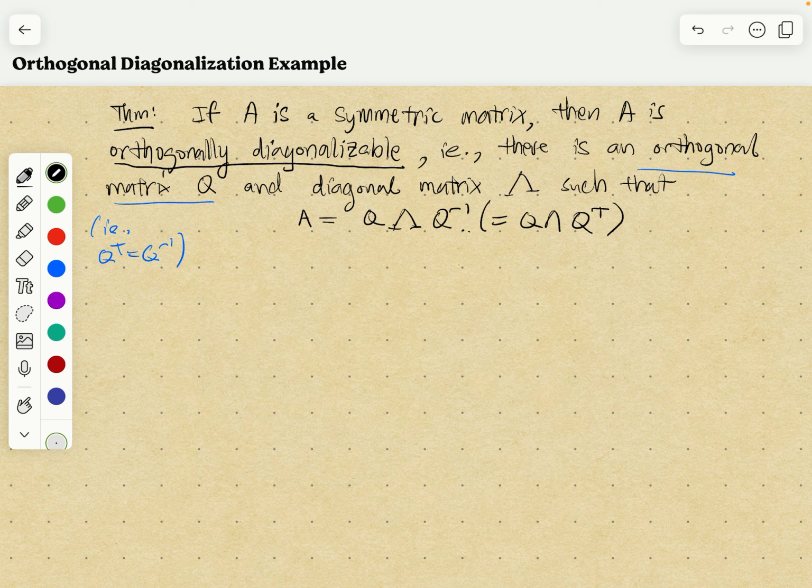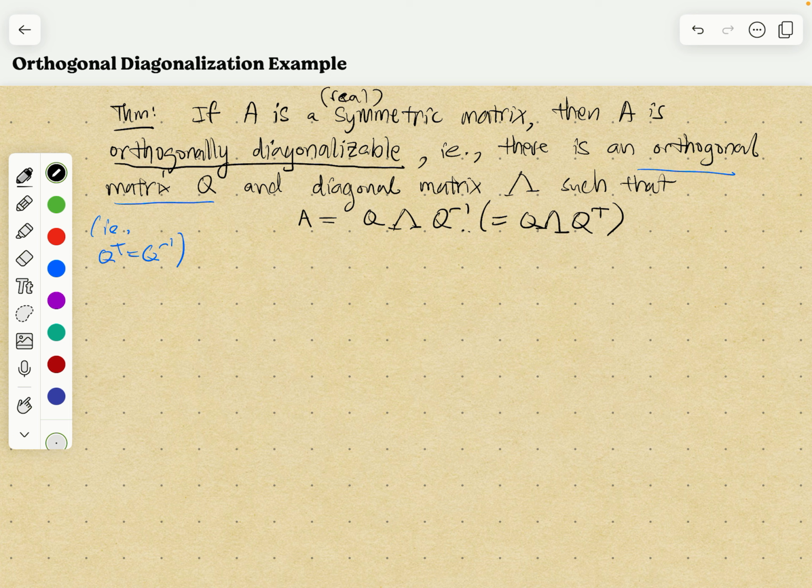Okay, and one more thing: in a lot of books, this diagonal matrix is written as D, and in my videos on diagonalization, I use D, but I like to use lambda to indicate that it is a matrix whose diagonal entries are the eigenvalues of A. And this is a symmetric matrix with real entries, so we're not talking about complex numbers.